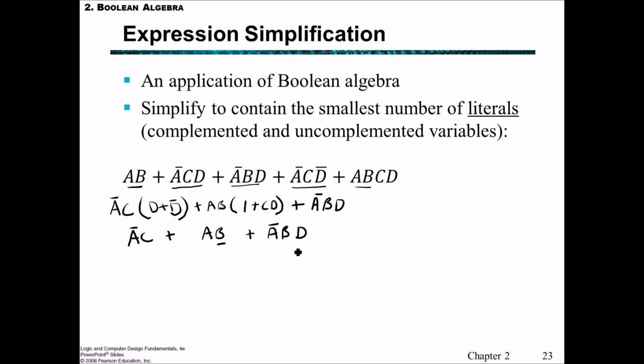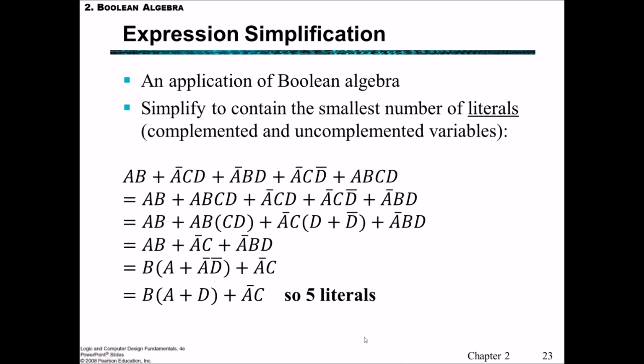Then we can notice that there's a B here and a B here, so we take the B outside, B, A, or not A D, or not A C. And if we have A or not A and D, then there's no need for this not A, because it's already covered by the fact that we've got A here, so A or not A D is the same as A or D, so this is B outside of A or D or not A C, and that's the best we can probably do. And this is 5 literals, 1, 2, 3, 4, 5.